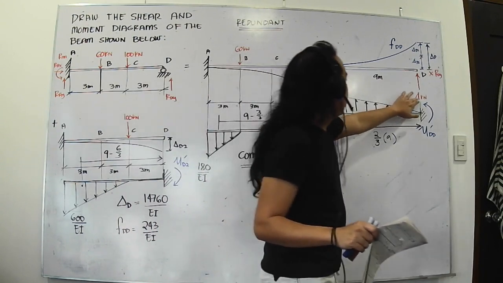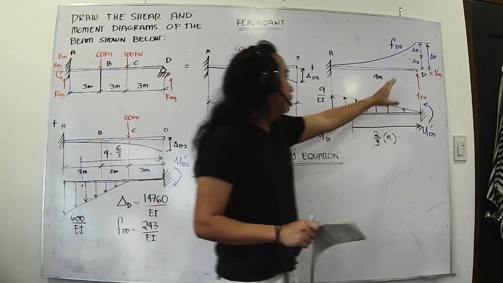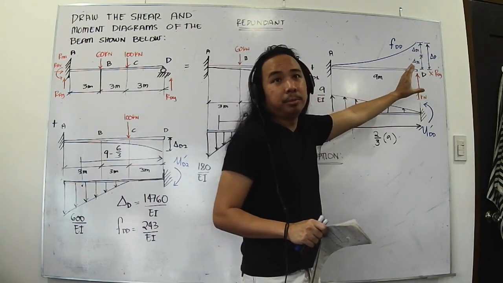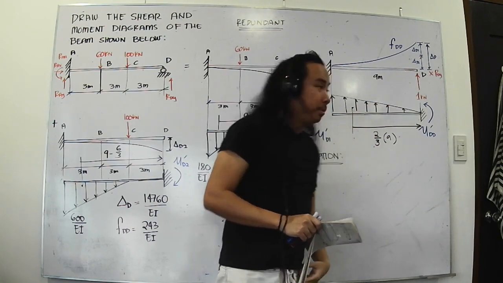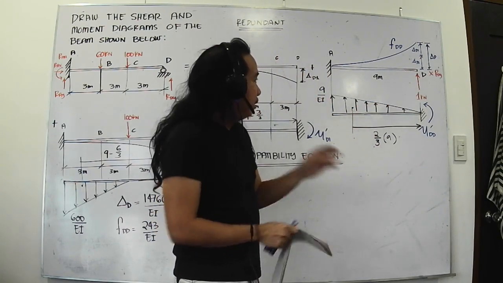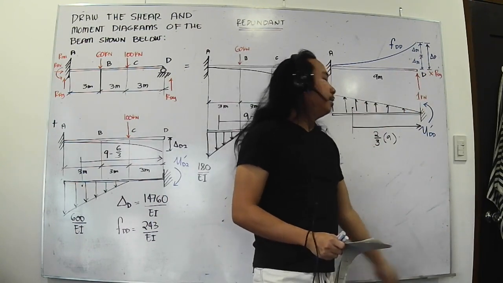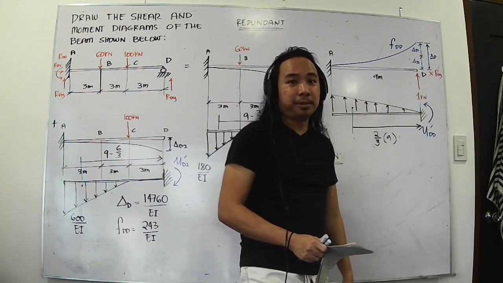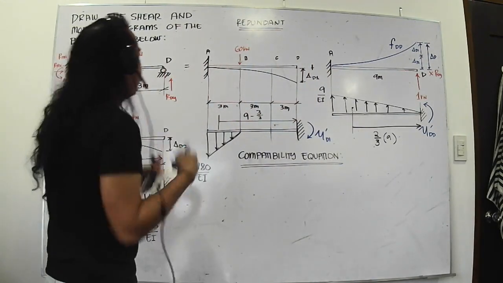In order to perform that technique, we assume this redundant support to be a 1 unit load. But we compensate for that 1 unit load by multiplying it with the redundant force. That is the idea of the method of consistent deformation.